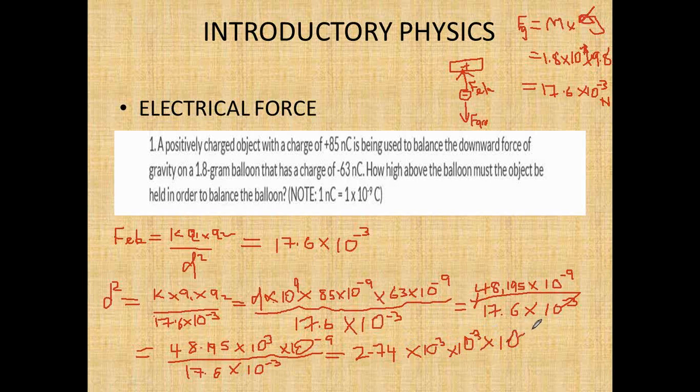When you multiply powers, you add the powers, so this would be 10 to the positive 6, and then multiplied by 10 to the minus 9 is 10 to the minus 3.